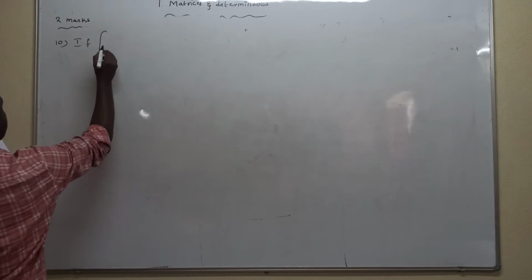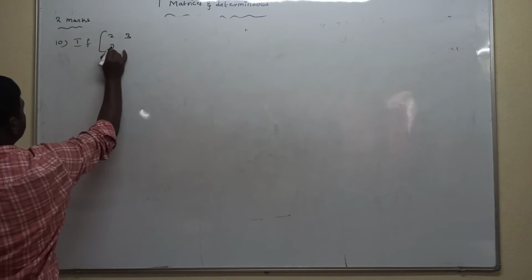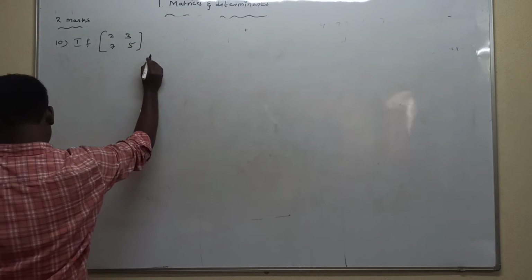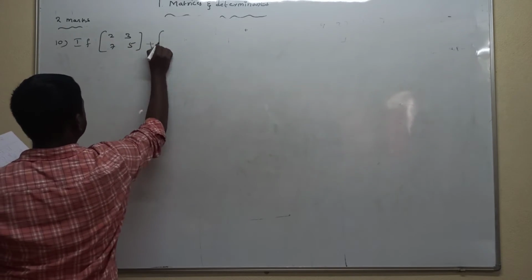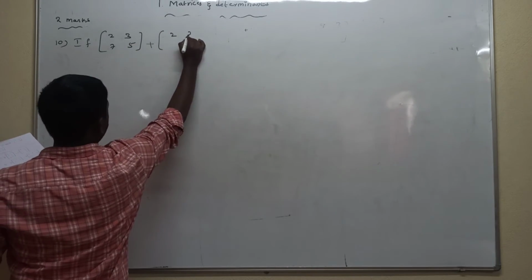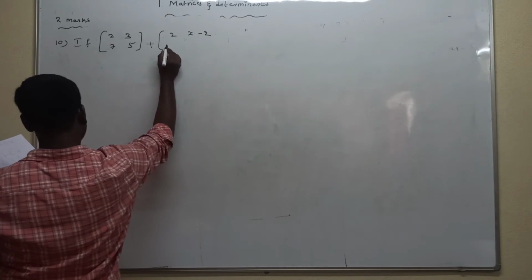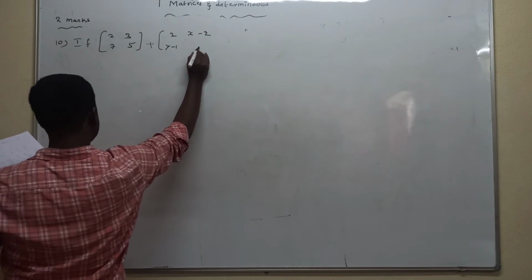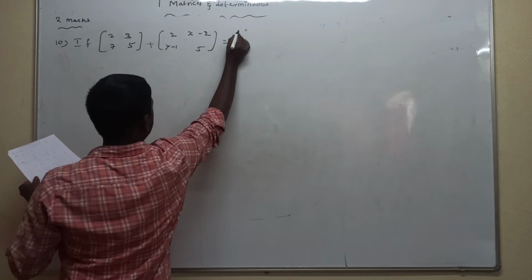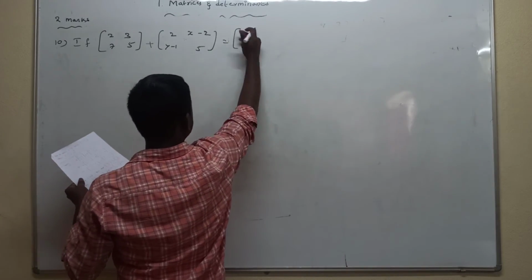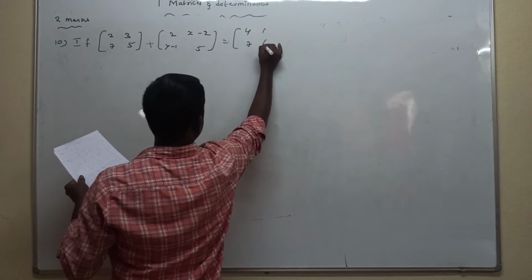Here the given condition is the matrix [2 3; 7 5] plus [2 x-2; y-1 5] is equal to [4 1; 7 10].